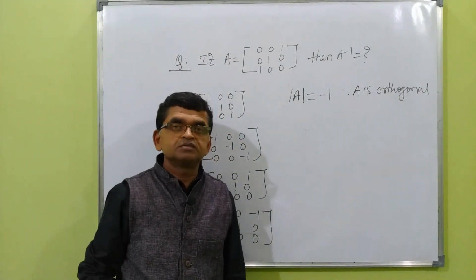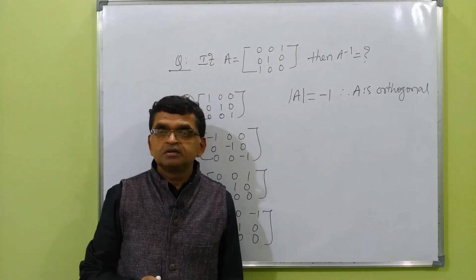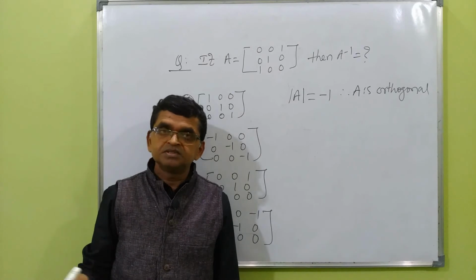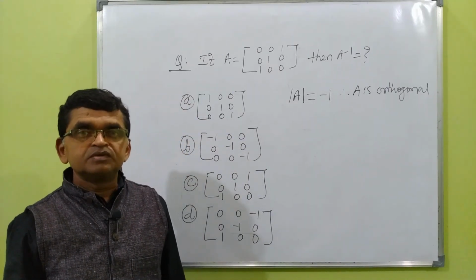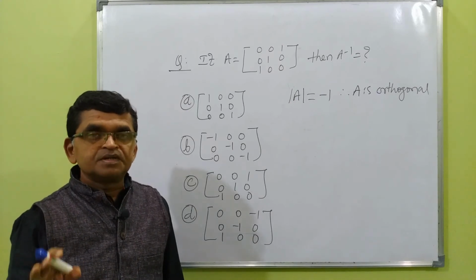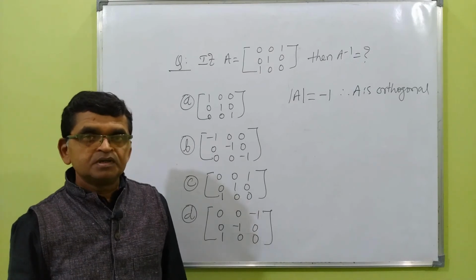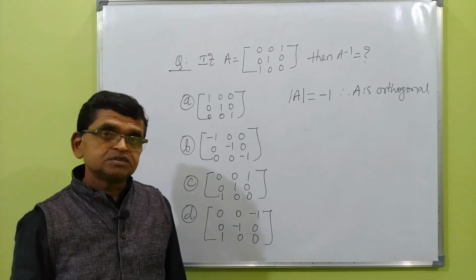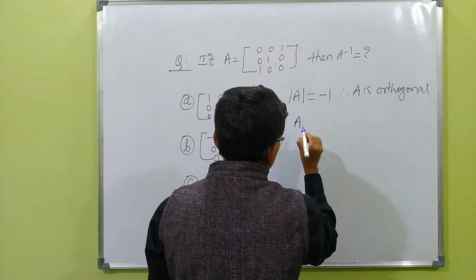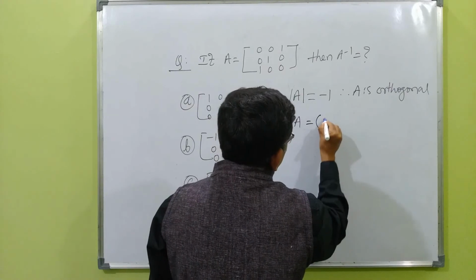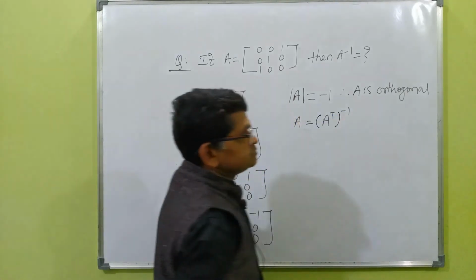What do you mean by orthogonal matrix? A square matrix A is said to be orthogonal if it is equal to the inverse of its transpose, that is, A is equal to A transpose inverse.